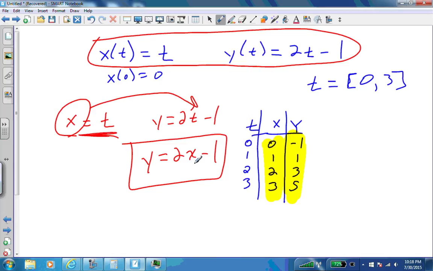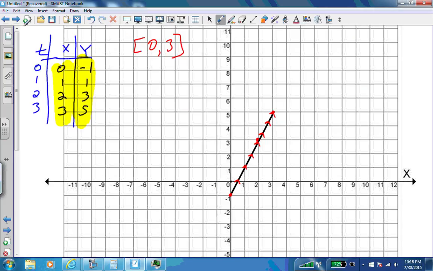Notice that's just a linear equation, a y-intercept of -1, a slope of 2, which is what our graph looks like. But our graph is very specific to the parameters.